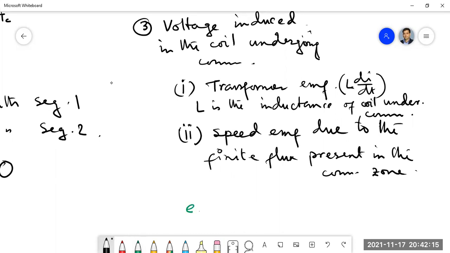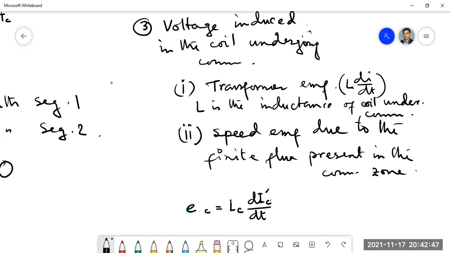That is called the EC. It is the coil inductance into the rate of change of the armature current undergoing commutation, in the coil undergoing commutation, that is L into dIc'/dt.